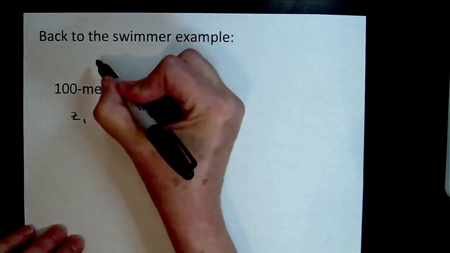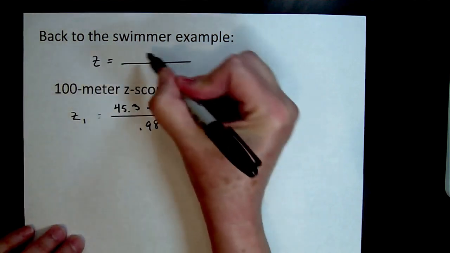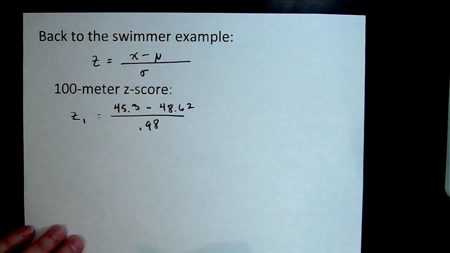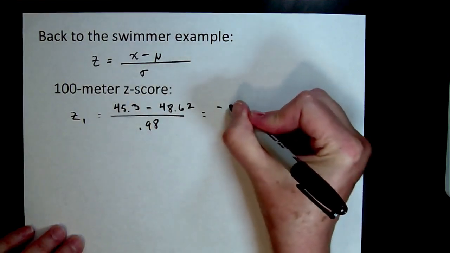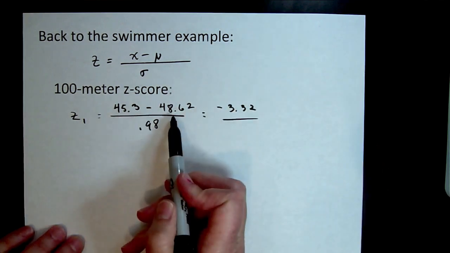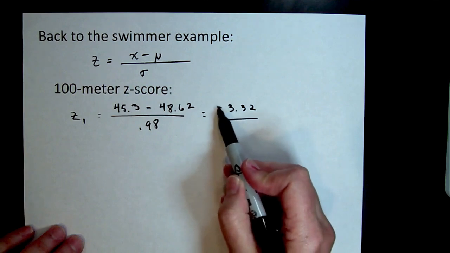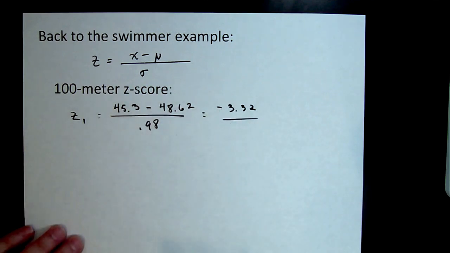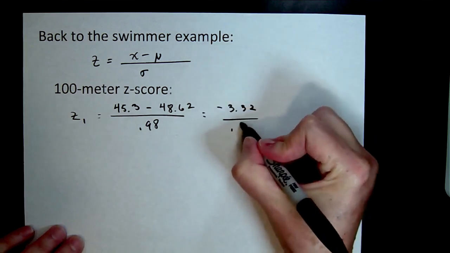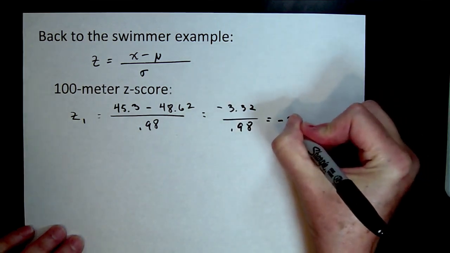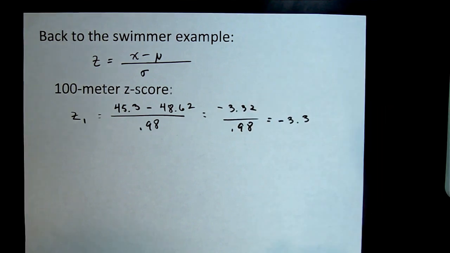I'm using the formula x minus mu over sigma. Crunching the numbers, we have minus 3.32. Notice his time is smaller than the average time. He's faster than average, so we get a negative number because this data value is smaller than the mean. So we get about minus 3.3.